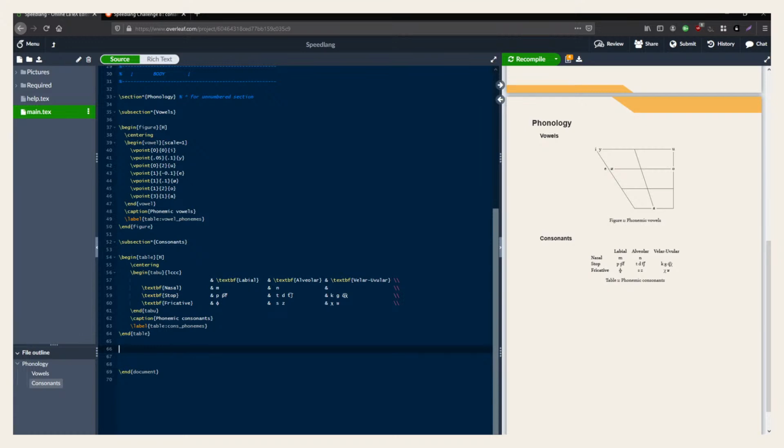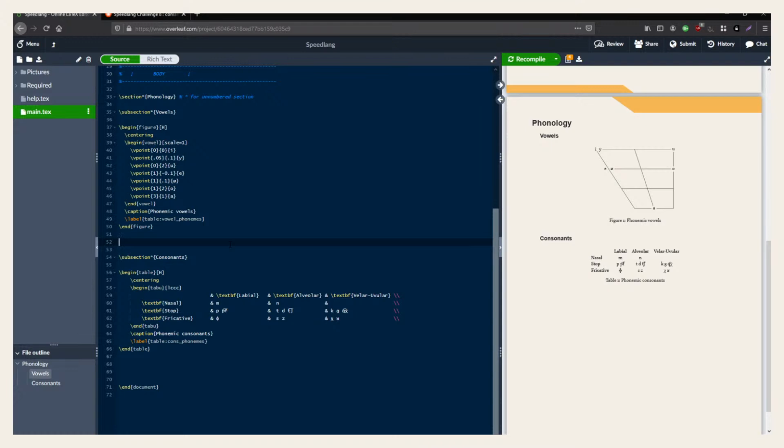Let's see now. About vowels, we need to give them some distinction of quantity. Does the book document class have this subsection? Be very nice if it does.